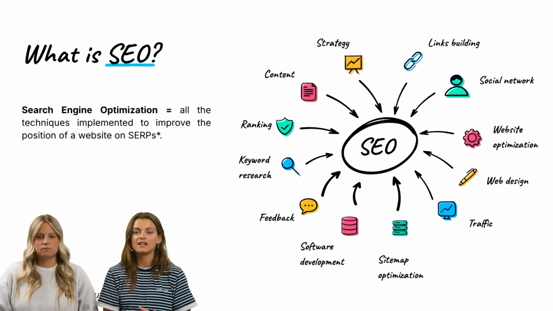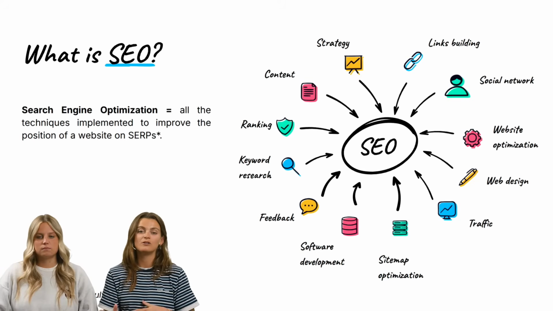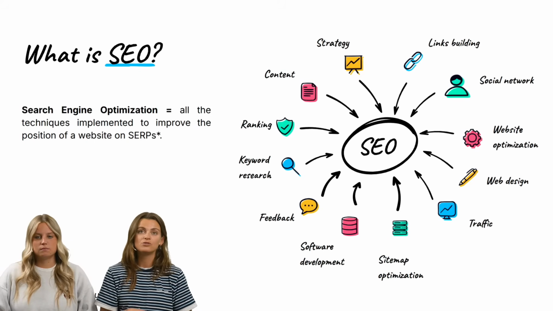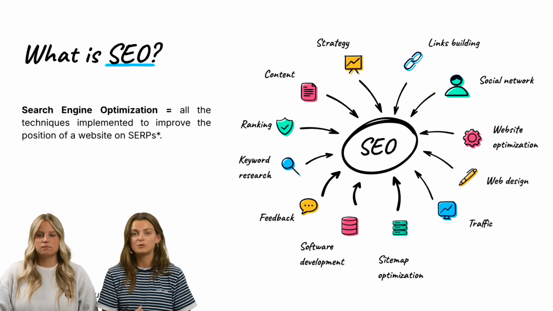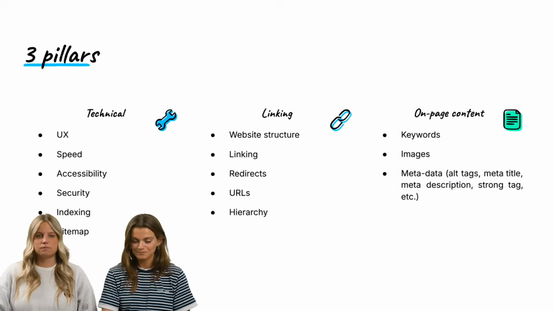As you can see here on the slide, these are all the elements that you can try to improve in order to make your website go to the top of the results. It goes from keyword research to the writing of the content, to building the links between your pages within your website, to getting backlinks from other websites. Anyway, we will cover all of these elements in the next slides.